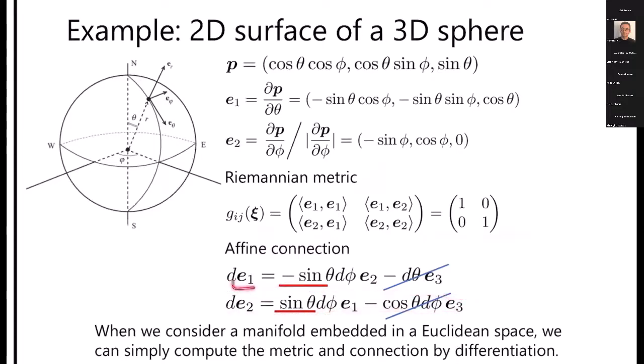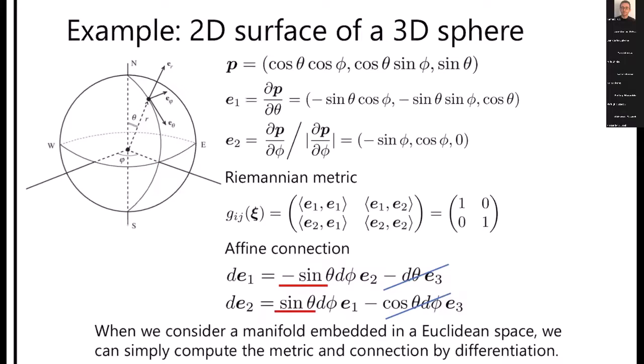So the vector E1 differs by this amount. But again, E3 is, by the way, the orthogonal vector with respect to the surface, so this term we don't care about. So we omit this, and we only consider this term. And this minus sine theta or sine theta is the affine connection in this case.